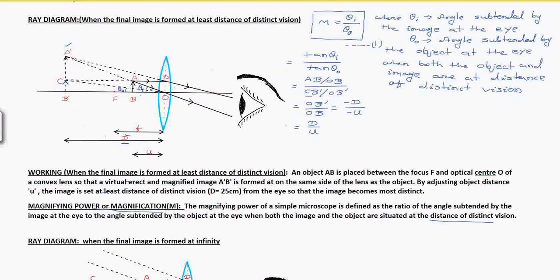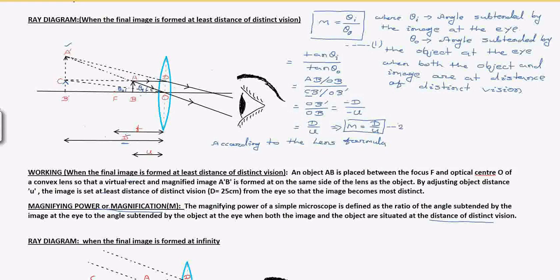So let us replace this u first. According to the lens formula, we know that, let us write this as, this implies m is equal to d by u. Let us give some equation number to it.